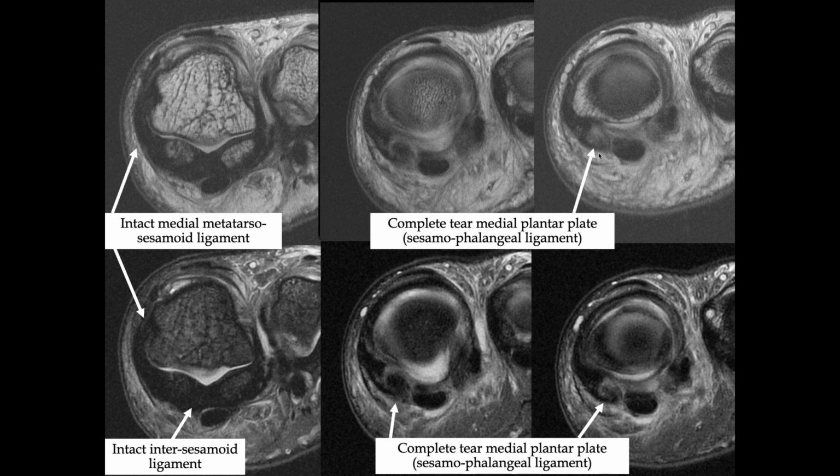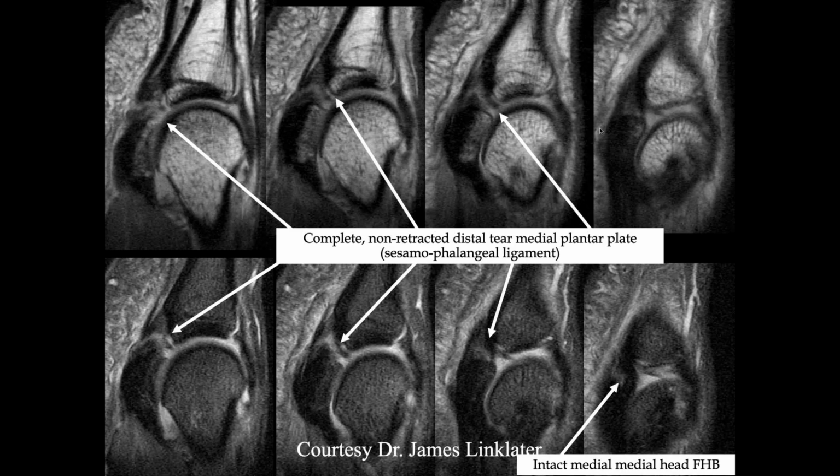The important thing with MR is to look to see if there are any soft tissue injuries. Typically, edema without obvious cortical fracture of the sesamoid bones is something that can be treated conservatively and has a good prognosis. Here we can see tears of that phalangeal sesamoid ligament.